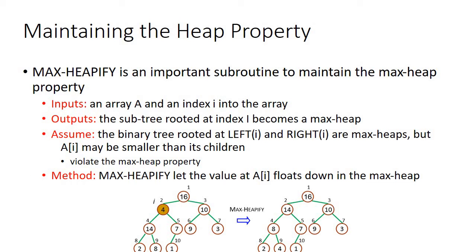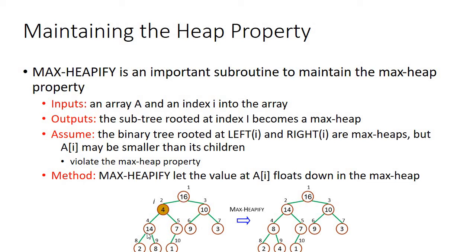If you want to maintain the heap property, we need to see how we are taking the values out of the heap. Whenever we are moving the values of the heap, we must know that the heap should remain in its original form. That is the condition of the heap, whether it is max or minimum. For example, in this case we have 4 over here, which violates the heap, so we need to move this 4.